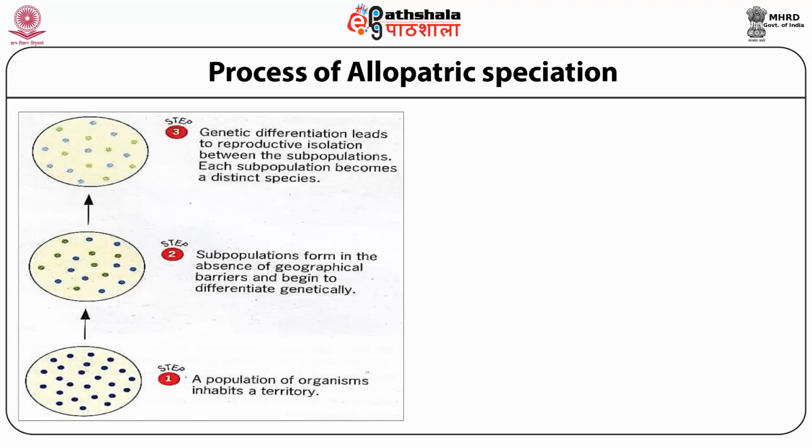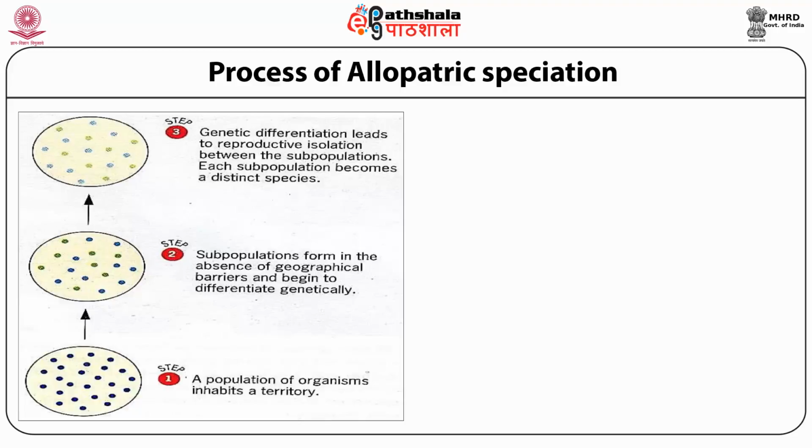The figure given in this slide shows the mechanism of sympatric speciation. As we can see in this particular slide, a population of organisms inhabits a territory. Initially, there is no speciation. Later on, within the same geographical area, subpopulations are formed. These are formed due to ecologically different adaptations. These adaptations to different ecological niches within the given geographical area make these species genetically different.